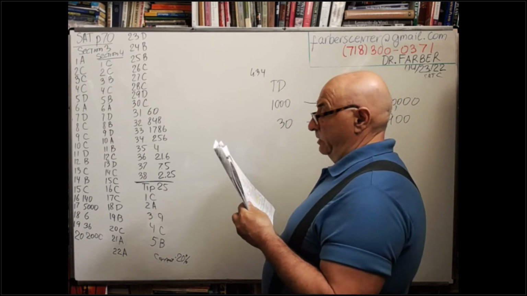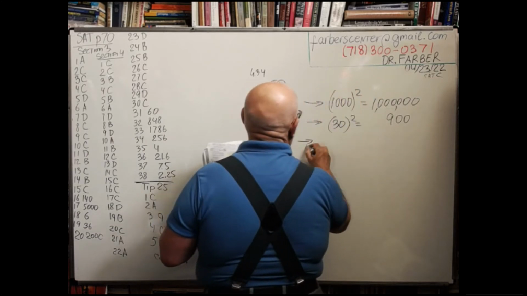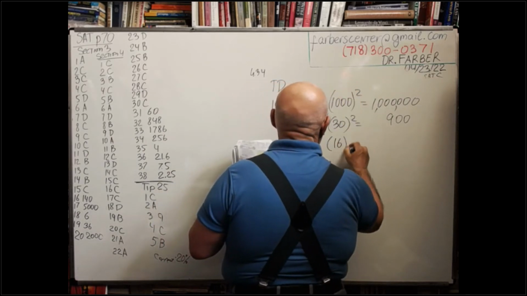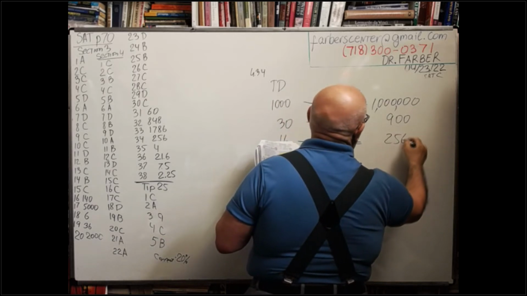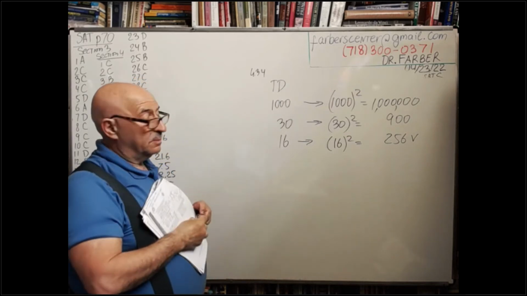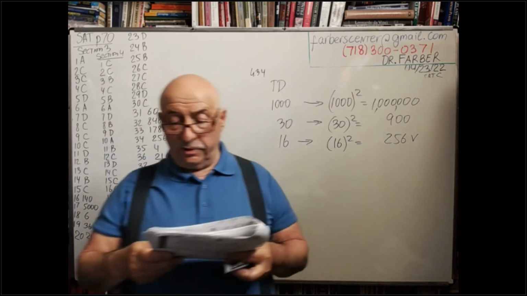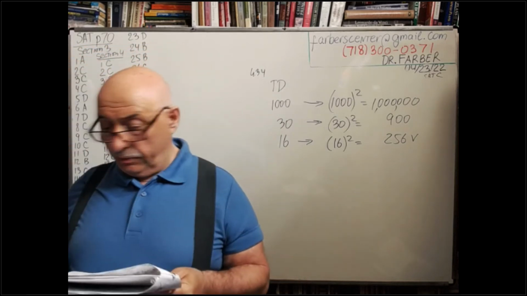Here we have 16 times dimmer. You have 16 to the second power, which is 256. Just follow instruction. This is not too complicated. 434.